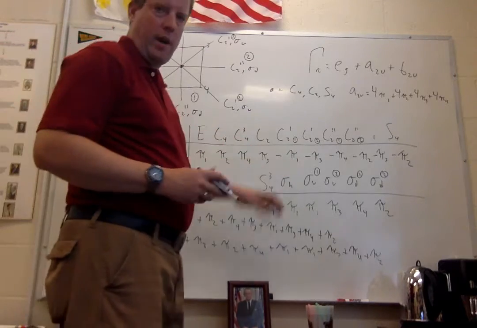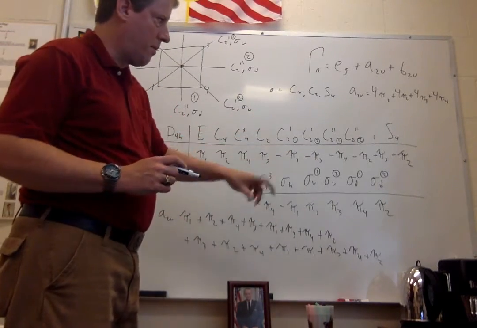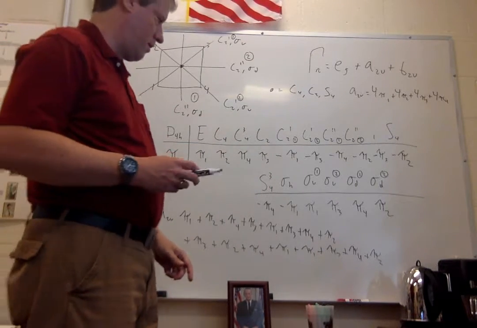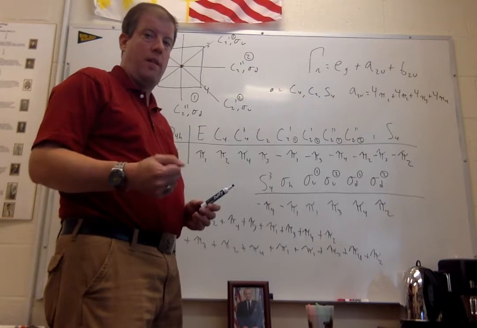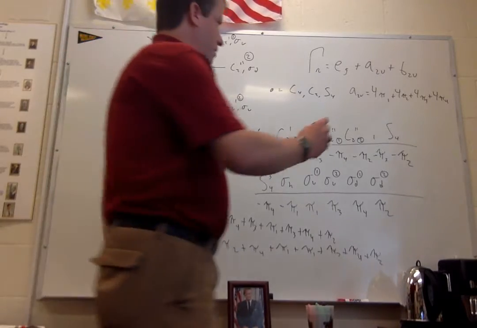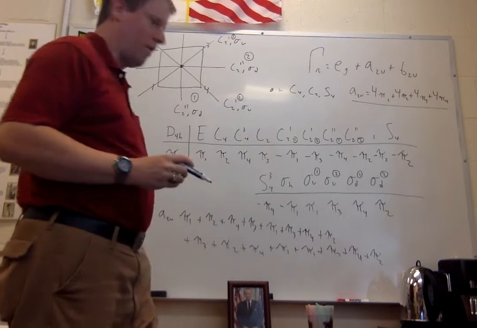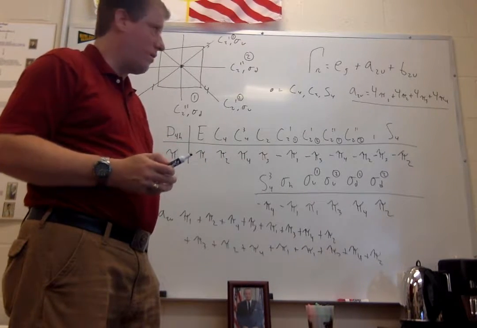These things that were negative, because the character for both of the C2 primes, the C2 double primes, the inversion center, both of the S improper axes of rotation, and the horizontal mirror plane were negative 1 in that irreducible representation, those all become positive. And so this is the reduction that you get for that representation.